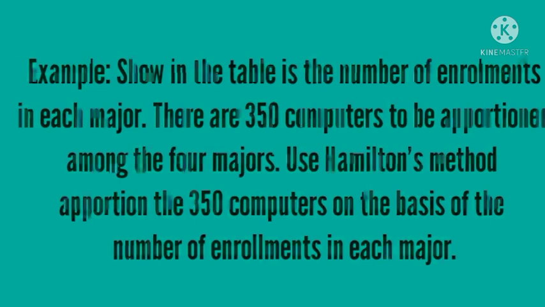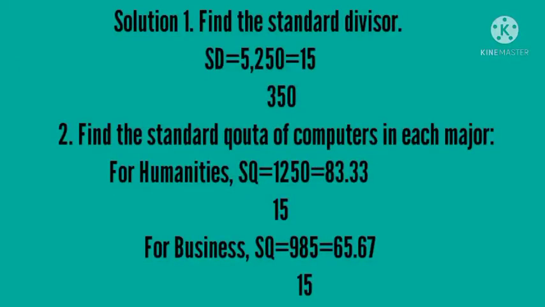Solution 1. Find the standard divisor. Standard divisor equals the total population, 5,250, divided by 350, which is equal to 15.